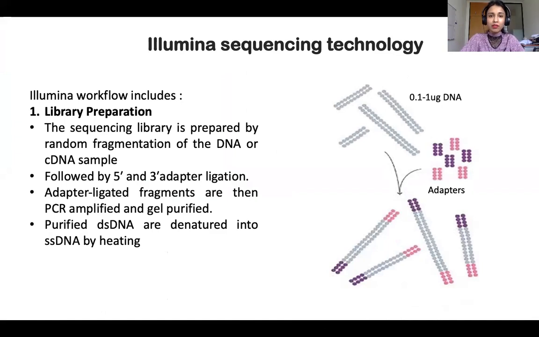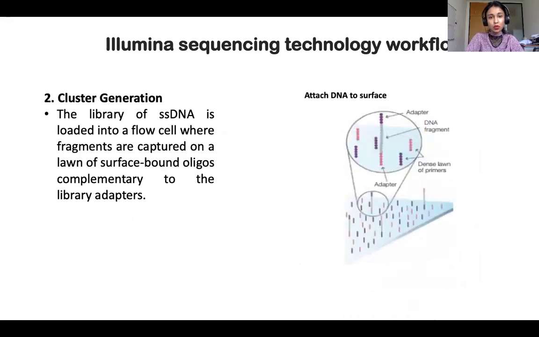This is followed by a 5' and 3' adapter ligation. You ligate the adapters to your fragments, and then they're PCR amplified and gel purified. So finally you have purified double-stranded DNA. They are denatured into single-stranded DNA by heating, and then you add them to your flow cell.